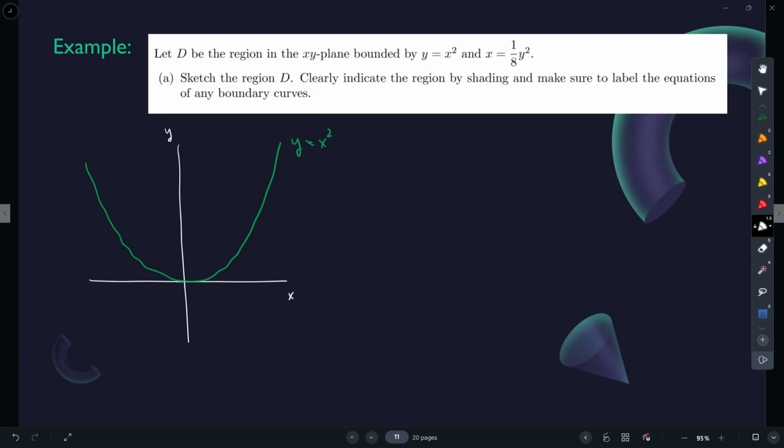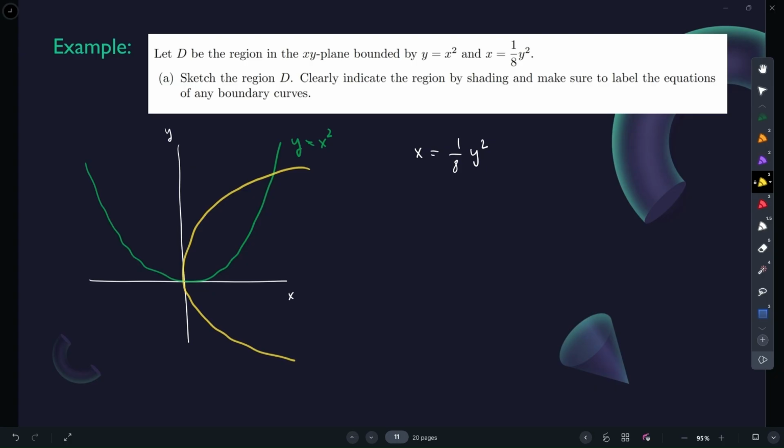And now I have to figure out what is the graph of x equals an eighth of y squared. That is a parabola in this direction, right? What we have to figure out now is where they intersect.